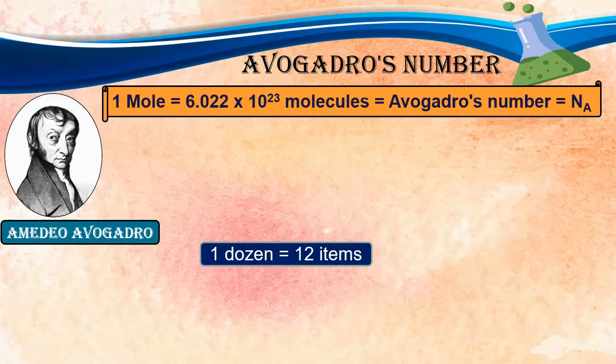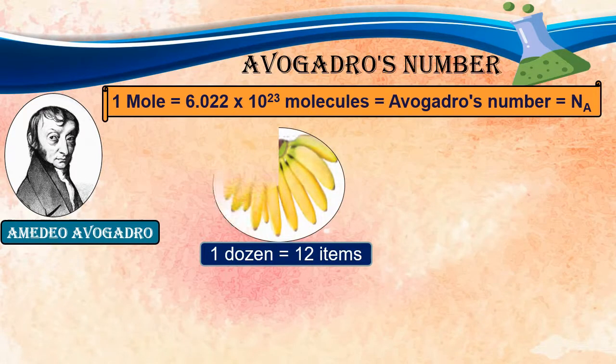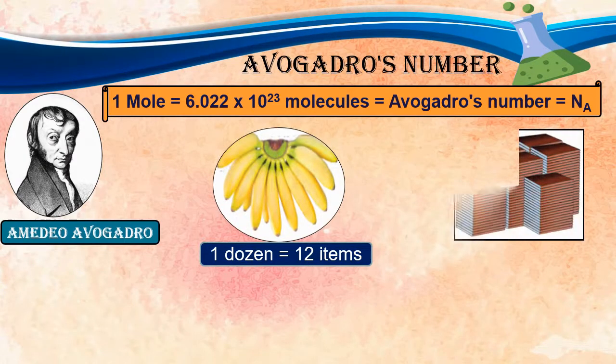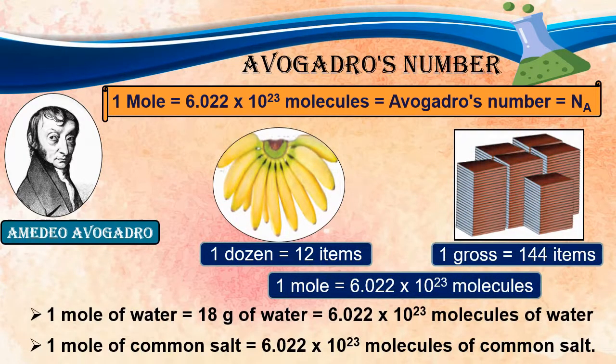Just as 1 dozen has 12 items of anything and 1 gross has 144 items of anything, a mole of any substance means 6.022 into 10 raised to 23 molecules of that substance. For example, 1 mole of water contains 18 grams of water because the molecular mass of water is 18.